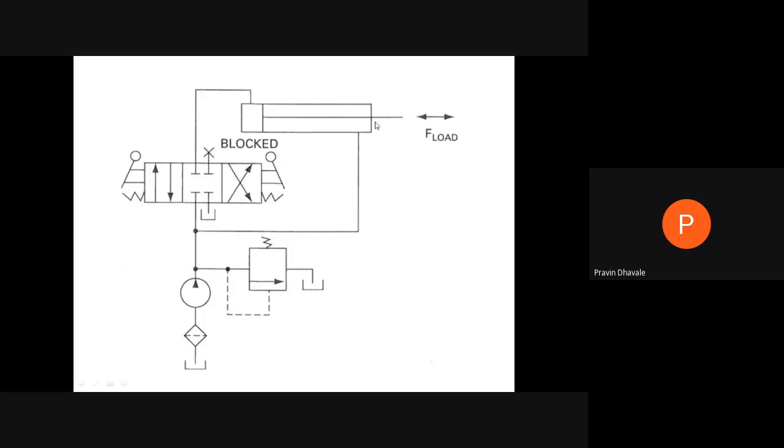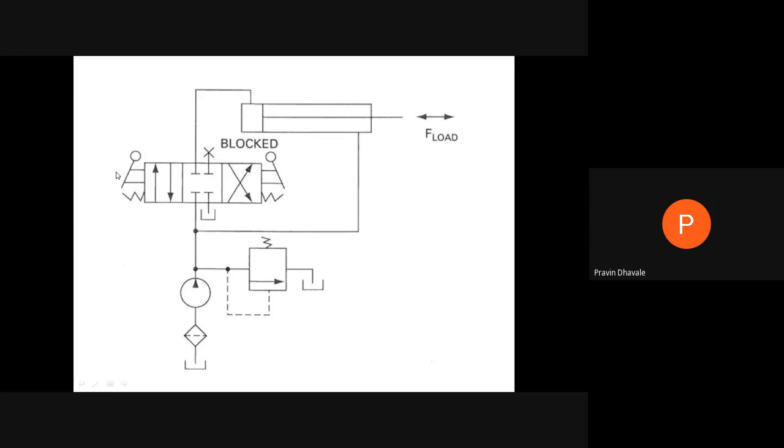That is, the fluid coming from port B, the outlet port of the cylinder, is added to the pump flow. In this valve, this is port P, this is R, this is A, and this is B. In the first position, port B is blocked. This is R, this is P, P for pump, and this is A. B is blocked, and this will be R.